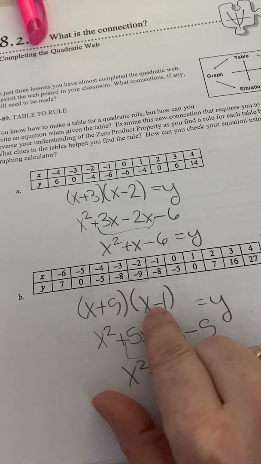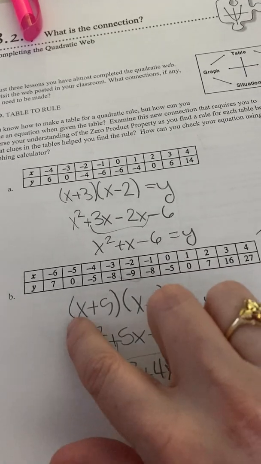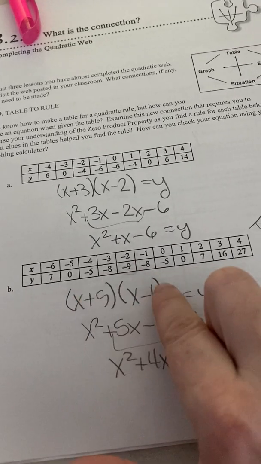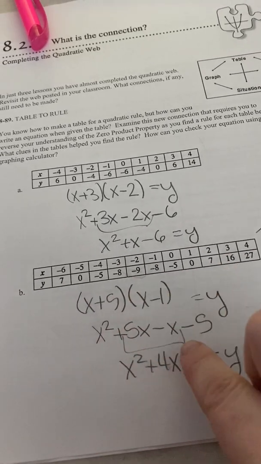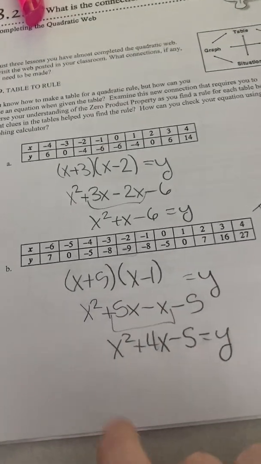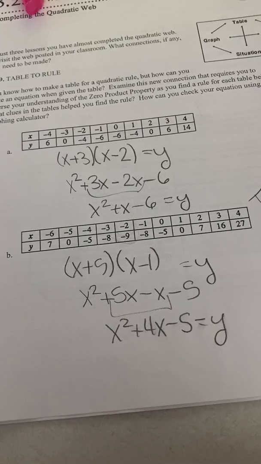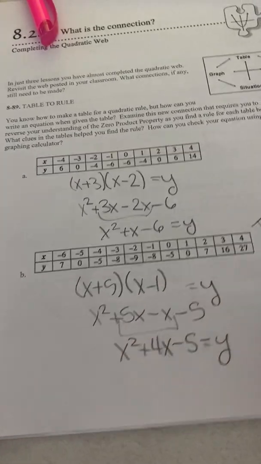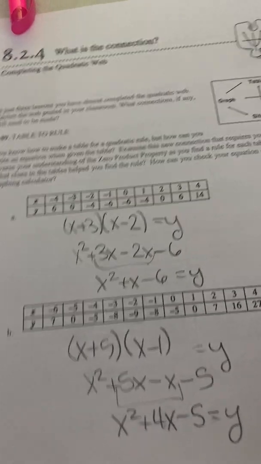And this one would be x minus 1. So again, I did the distributive property: x times x, 5 times x, x times -1, 5 times -1. You can combine 5x minus x and get 4x. So you know your equation is x squared plus 4x minus 5 equals y.